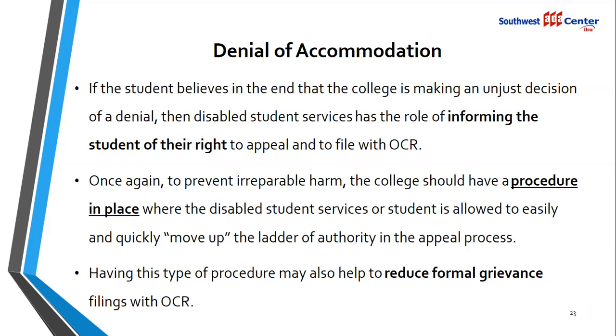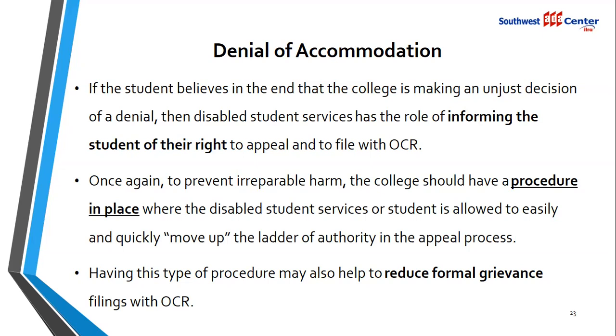So in the end, if the student believes, I need this accommodation, I deserve this accommodation, I don't think this accommodation fundamentally alters any kind of requirements or standard, I believe your decision is not right and you are violating my ADA or Section 504 civil rights, then the Disabled Student Services, or as some people call it, the Student Disability Access Office, they absolutely have an obligation to inform the student of their right to appeal within the grievance system, the ADA grievance system within the higher education institution, and to inform them that they can file with the Office for Civil Rights at the U.S. Department of Education.